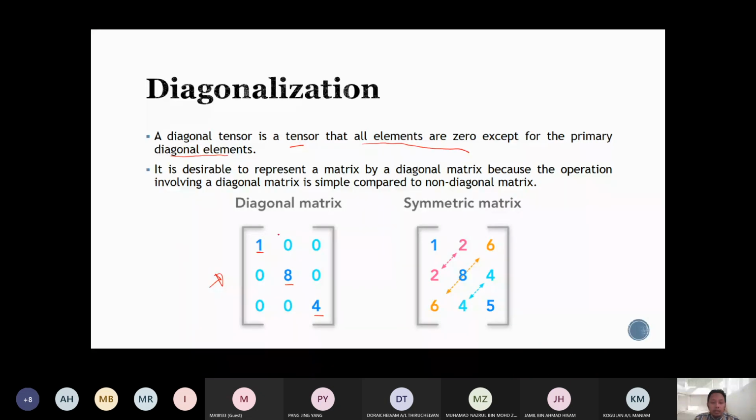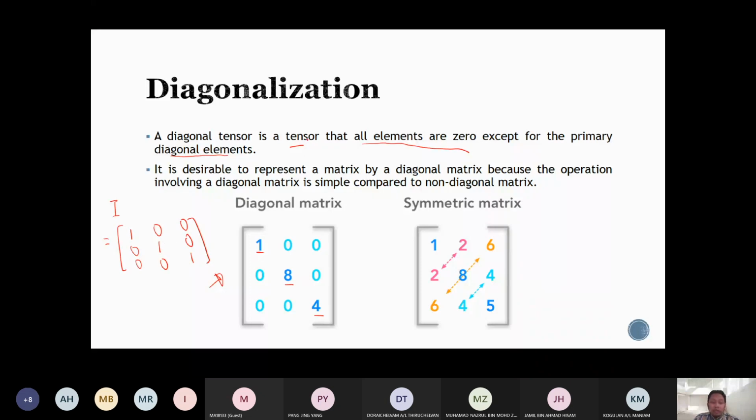When you encounter this kind of matrix, it is a diagonal matrix. The most common diagonal matrix is the identity matrix, because we have value 1 at the diagonal elements and 0 at the other elements. So I is a diagonal matrix.